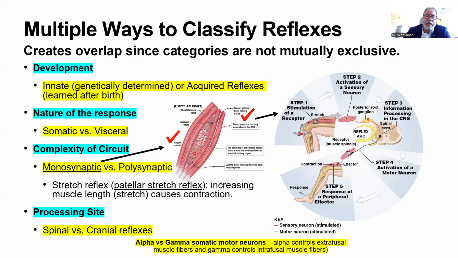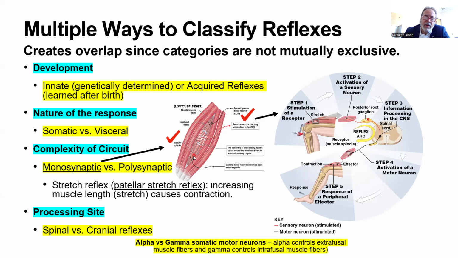And notice that they're being monitored by different motor neurons in the anterior gray horn. So for example, alpha motor neurons in the anterior gray horn control extrafusal fibers here, which are the primary fibers involved in extending the leg.